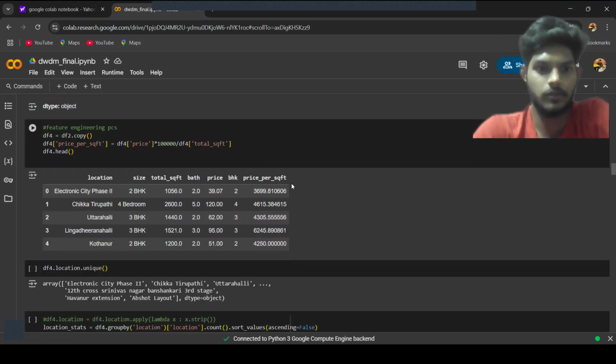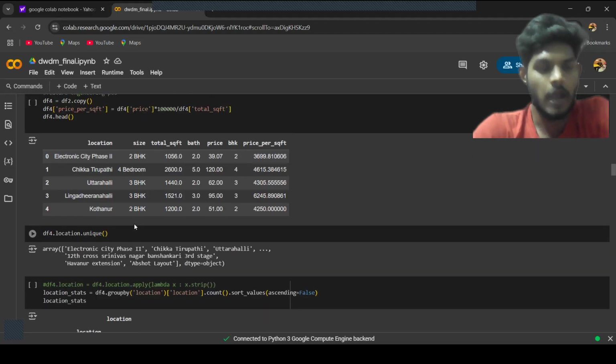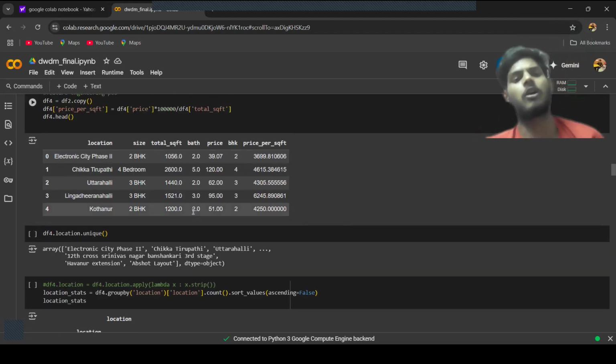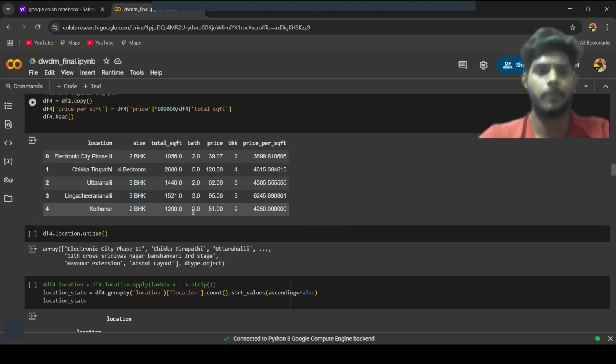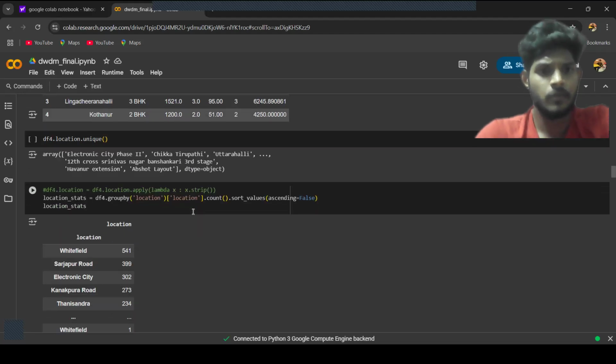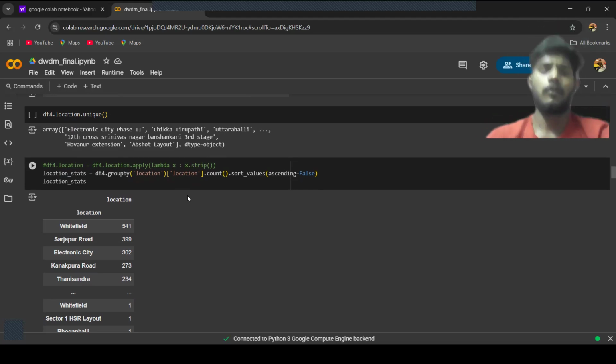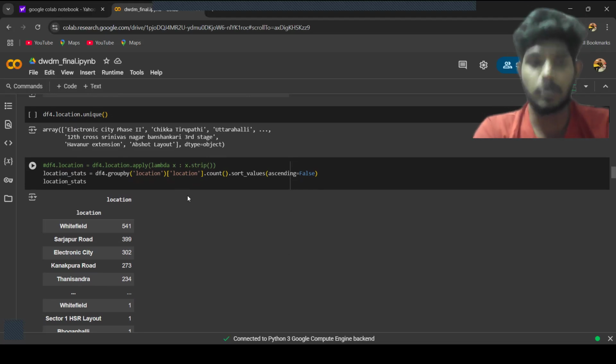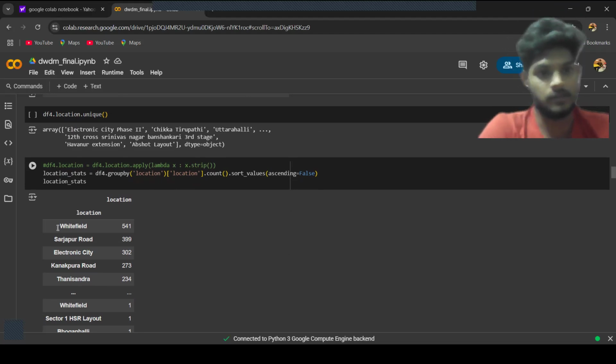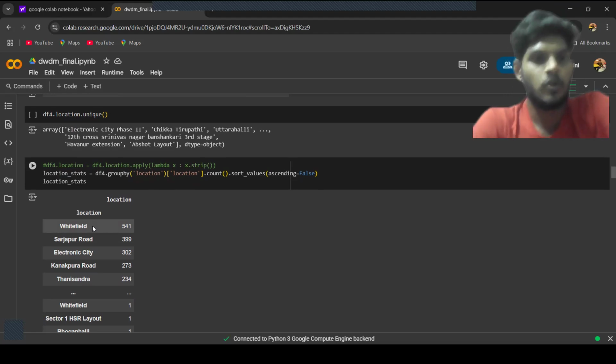Here you can see, in the data frame 2, how many locations are unique. And here we are counting which locations are more popular in Bengaluru. That means we are grouping it.